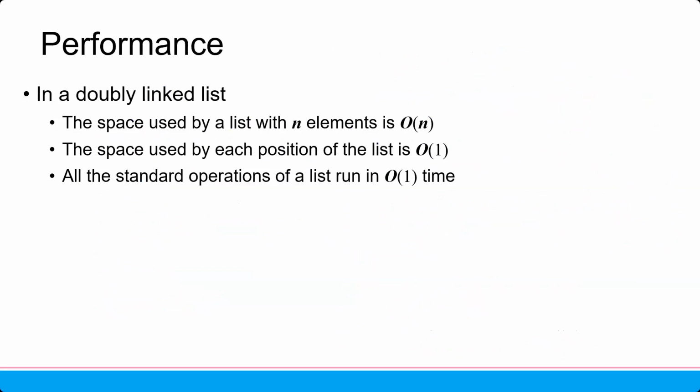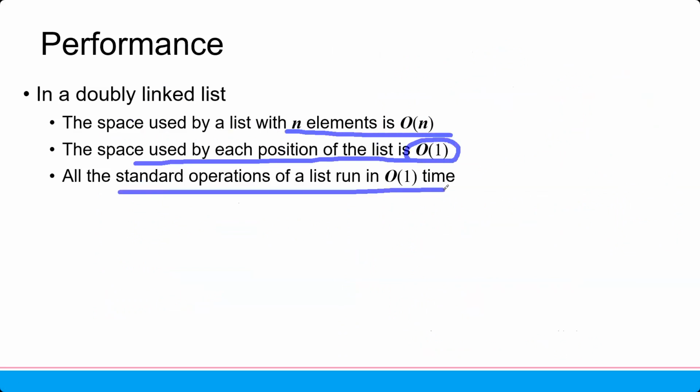So the performance: the space used by the doubly linked list is O(n), of course, because there are n elements. And the space used by each position of the list is O(1). And all the standard operations run in O(1) time.